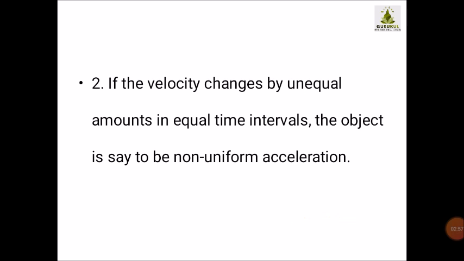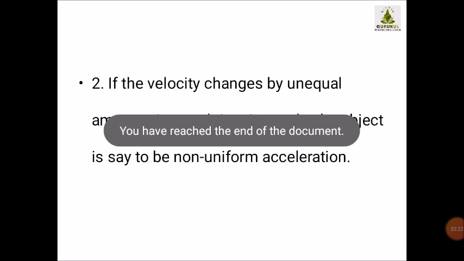And if the velocity changes by unequal amounts in equal intervals, the object is said to be in non-uniform acceleration. So when there is equal change in equal interval of time, it is uniform acceleration, and when unequal amounts in equal intervals of time, it is non-uniform acceleration.